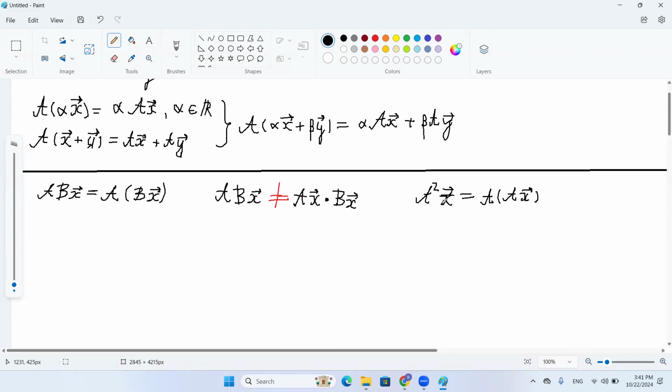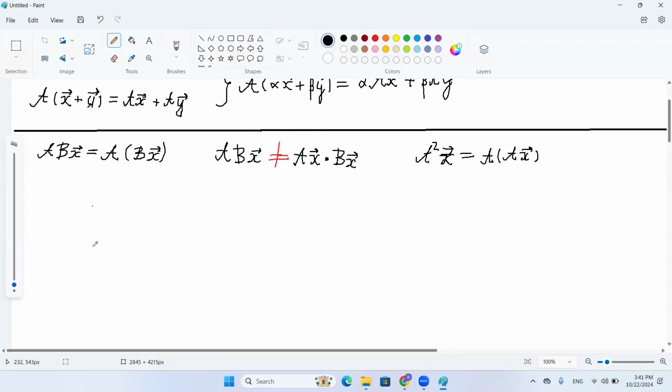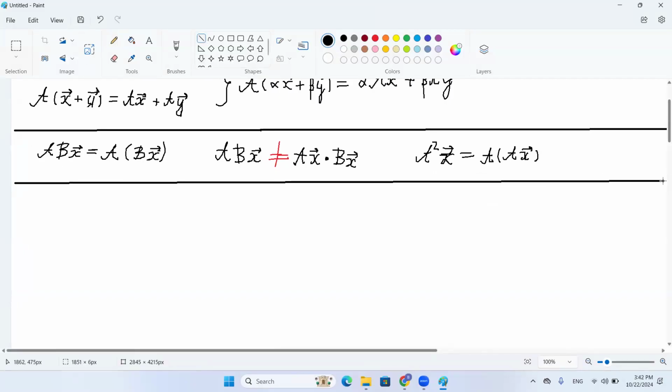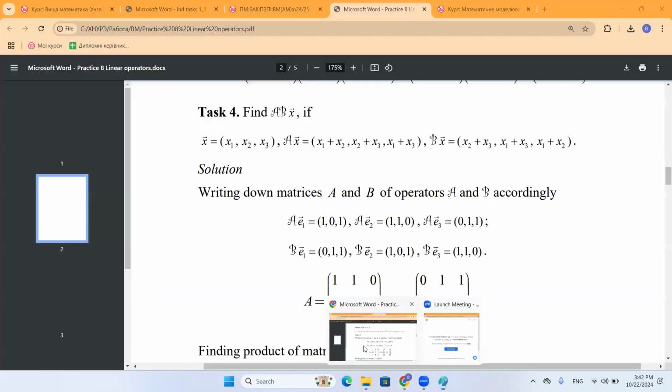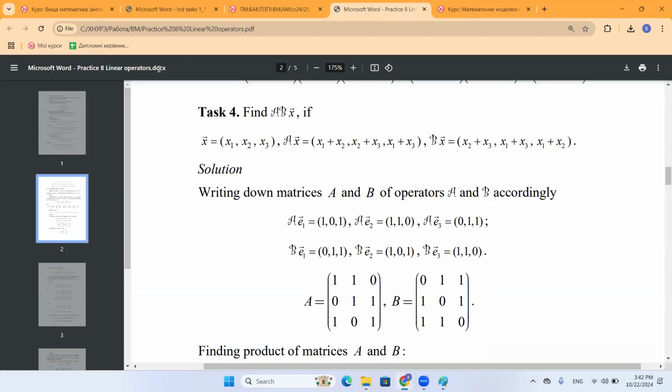So the second derivative is the power 2 of the differentiation operator. But of course, you will know more about it a little bit later. So, any questions maybe about these formulas? Okay, no questions. So let's start solving.